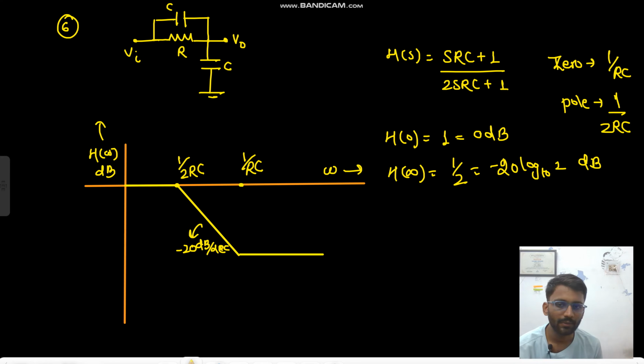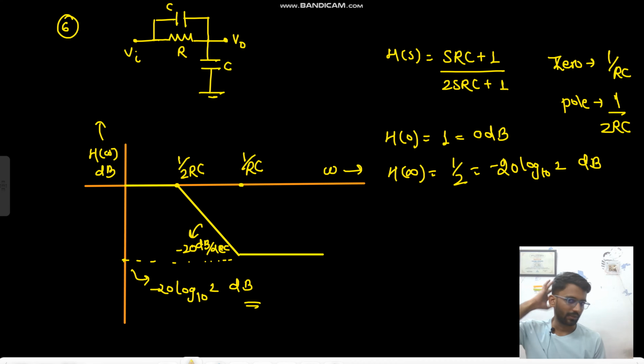This value is some negative value, minus 20 log 10 2 dB. I hope you have understood the concept now. Minus 20 and then the 0 gives plus 20, so it will be 0 dB per decade.